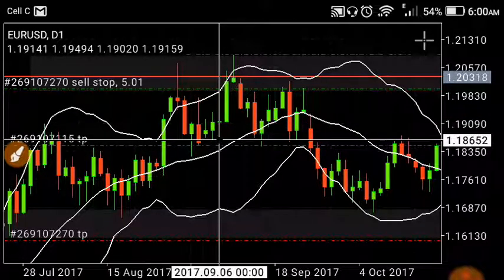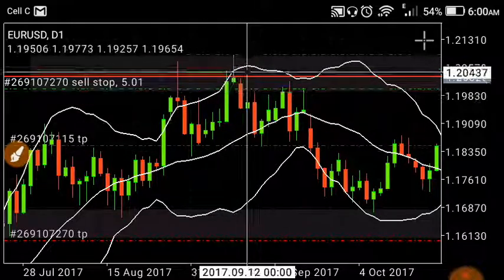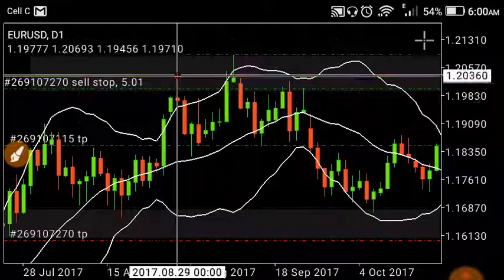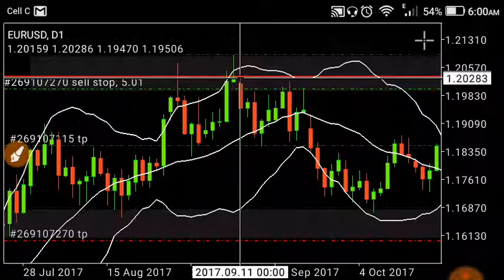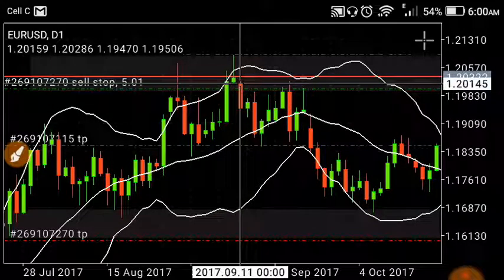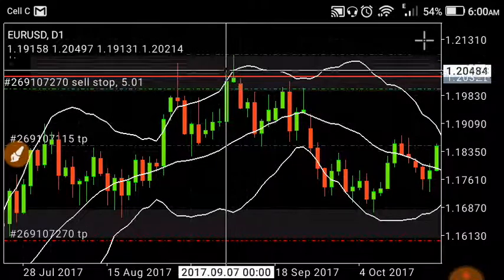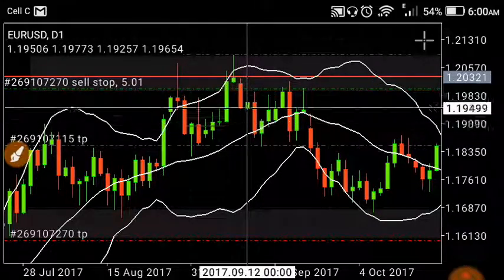So what we are particularly looking for is that second piercing of the band itself. This could have been regarded as our first piercing, and then this could have been the second piercing of our Bollinger Band. From the second piercing, this is where you want to focus your energy and place a trade once that candle closes within the Bollinger Band itself.